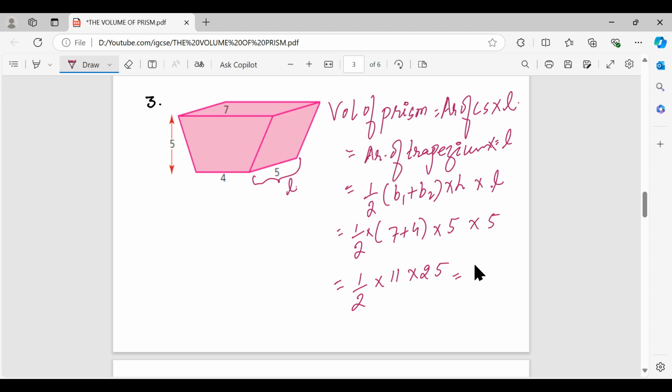This is nothing but 275 over 2, which I can write as 137.5. You must mention the units, so this is centimeter cubed. I hope this is clear, how to calculate the volume of a trapezoidal prism, right? Let's see another shape.